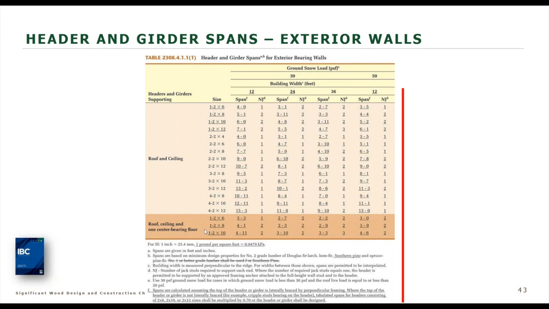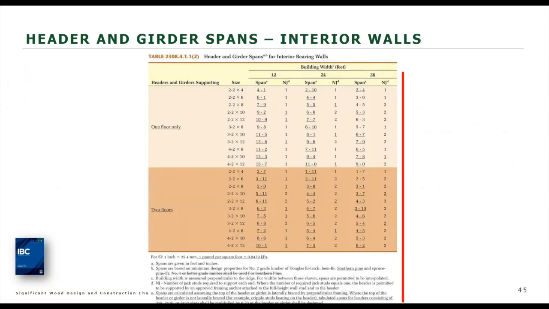And so now, because Southern Pine No. 2 is a lesser grade than No. 1, you'll see that the length of the members that are allowed, the span length, is going to be decreased a little bit, so it opens up the use of other wood products that are readily available in the industry. So this is for both exterior bearing walls as well as for the interior bearing walls.